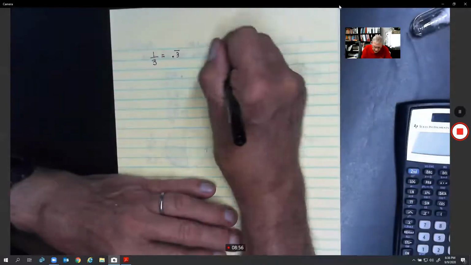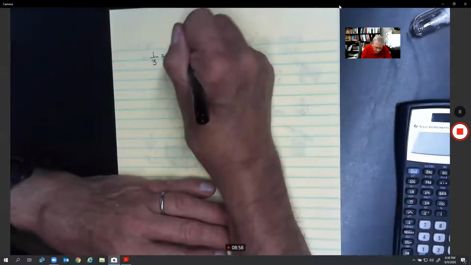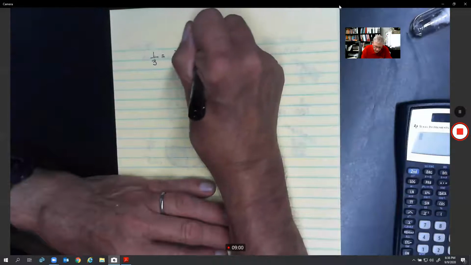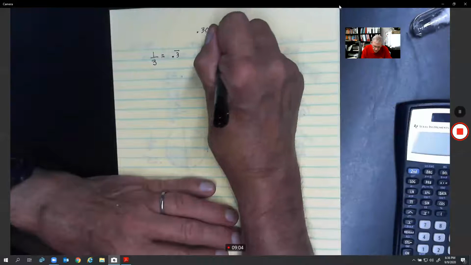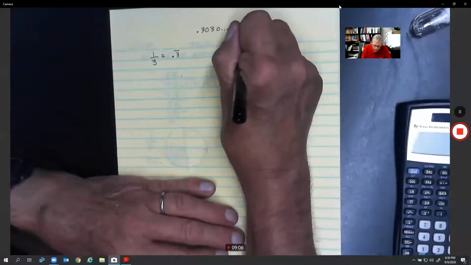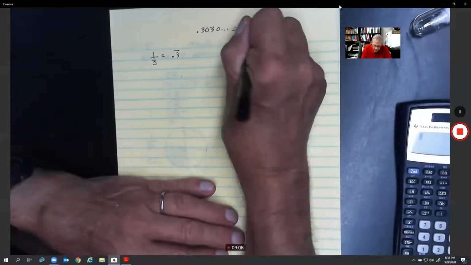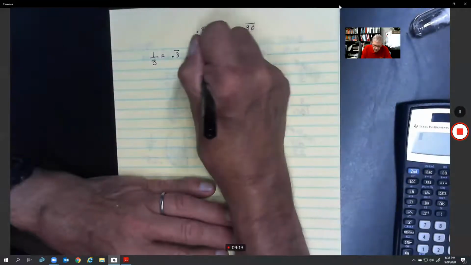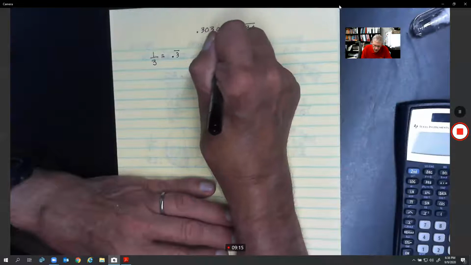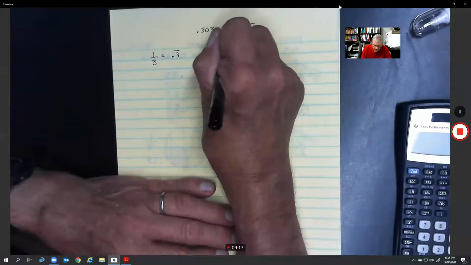If it was a repeating decimal and it was repeating like 30, 30, 30, we'll put a line over it, and you would write it as 0.30 repeating. What if this one repeated like 0.29797?